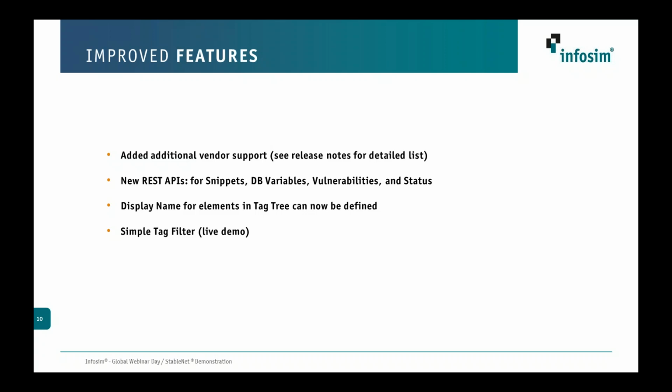But for some filtering, more clicks were necessary than in StableNet 7. So we decided to additionally provide a simple tag filter, which I will show later in the live demo. And of course, we have some more features globally included. Once again, check the release notes for some more details.